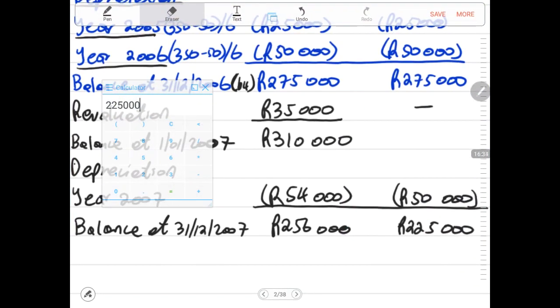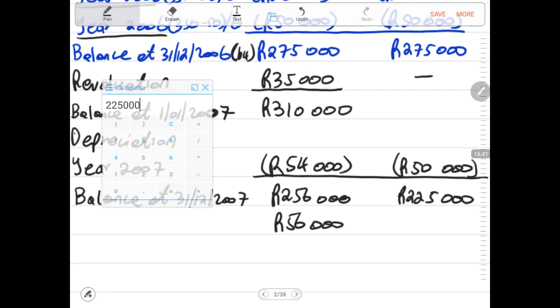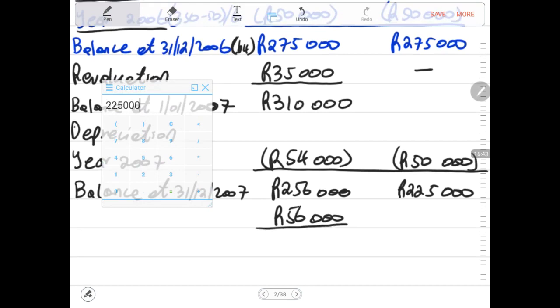Therefore, the difference of 56,000 will be an impairment. Then obviously the balance after the impairment will have to be 200,000 rands.